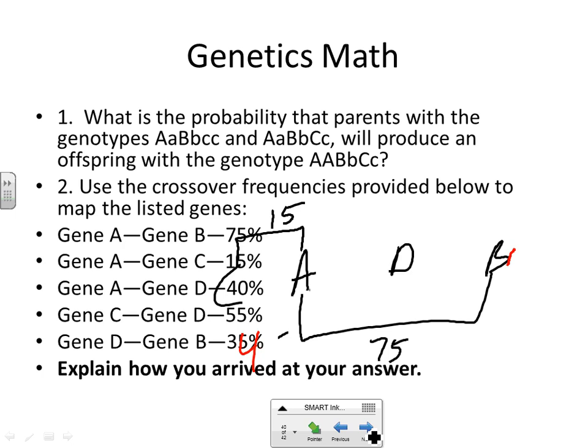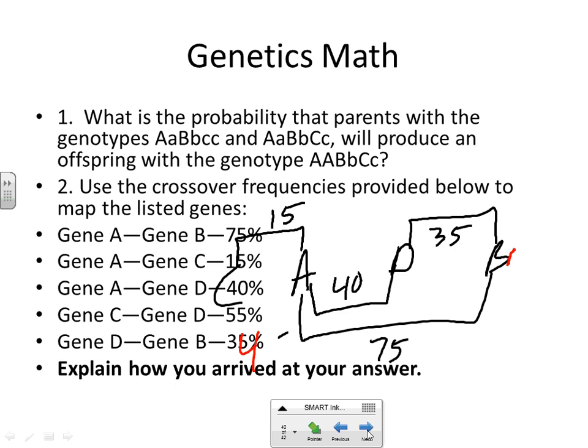This distance is 40 map units. This still works, right? The C to D distance is still 55. That works. If this is 40 between A and D, and the distance between A and B is 75, that means the distance between D and B has to be 35, and that's what it says. So that's the only way it'll work.